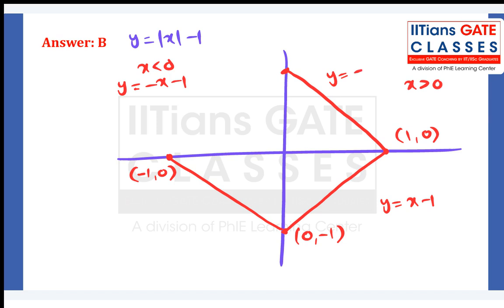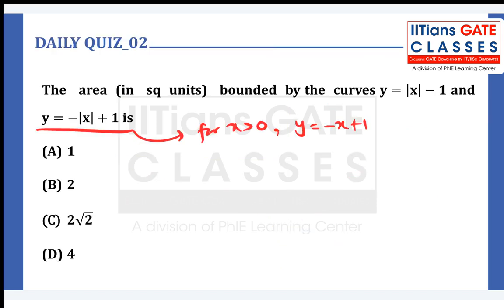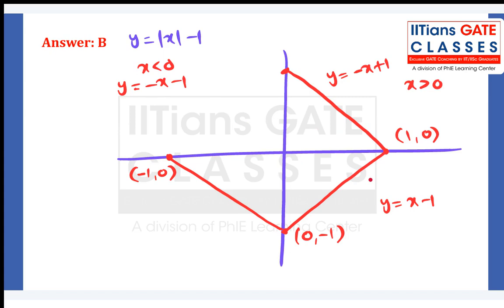And for x less than 0, mod x will be minus x. So this will become minus of minus x plus 1, that is x plus 1. Yeah, this is x plus 1, right?